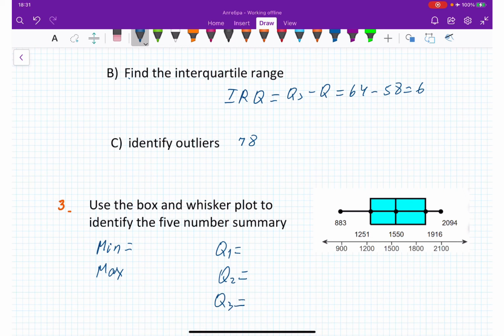Okay, what is going to be the minimum? Obviously, the minimum and maximum are going to be at the end of the whiskers. So the minimum is going to be 883. Maximum, it's going to be 2094. Those are possible outliers, right?